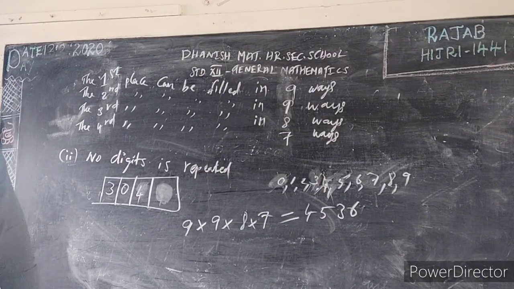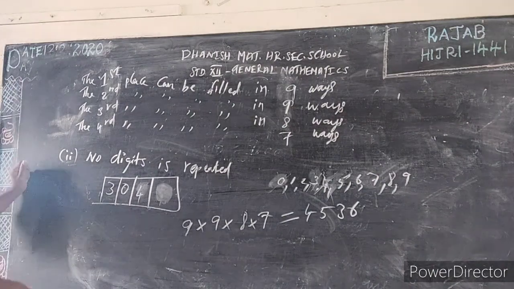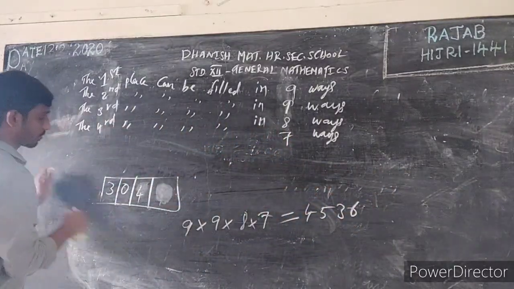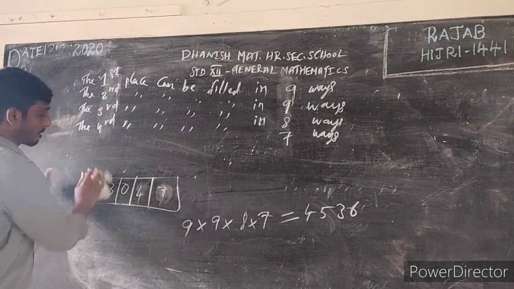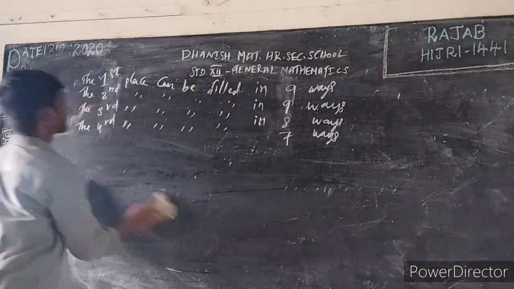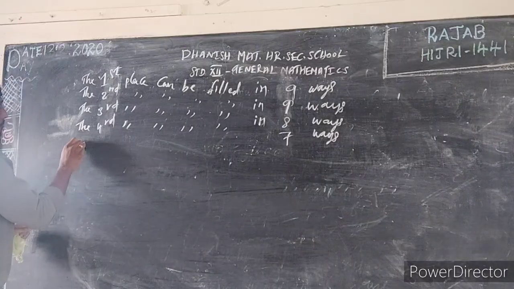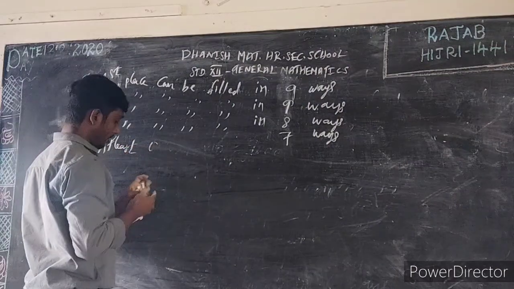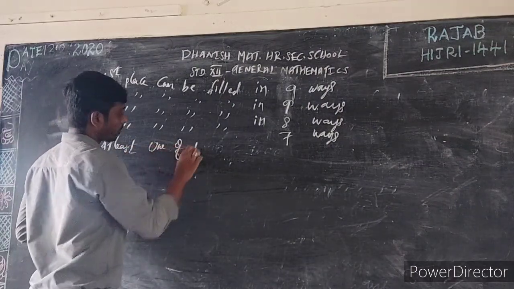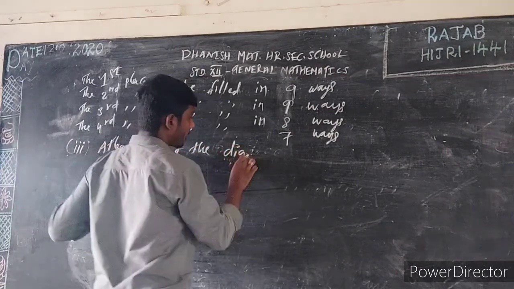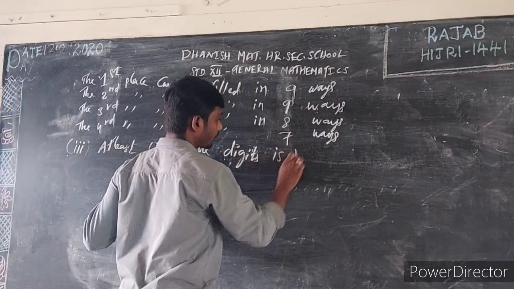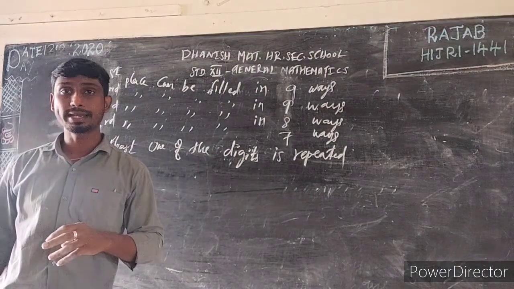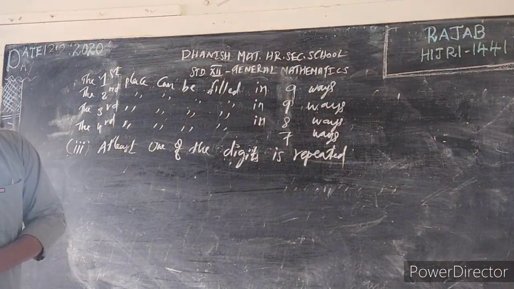So next condition, what is the third one given here? At least one of the digits is repeated. What is the required number of numbers?